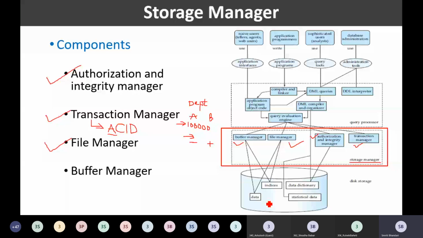Also, my database system is using the data dictionary to store the metadata about the data. Also, to improve the performance of the database system, my database management system is making use of the indices. So indices are the mechanisms that are being used to improve the performance of our database system.